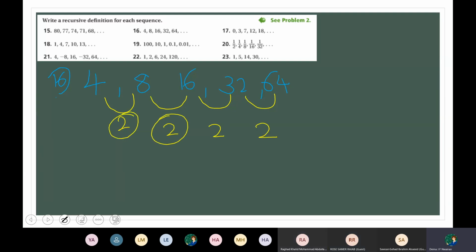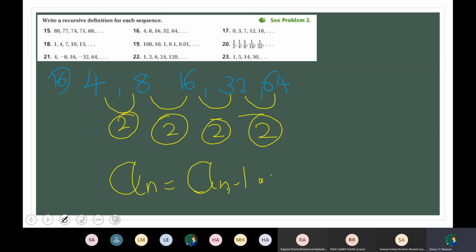Is it constant? So what did I say? I say that the next term is the previous term multiplied by, who can tell me, a fixed number. Is it addition or multiplication? Multiplication.